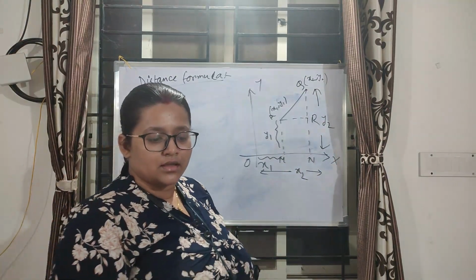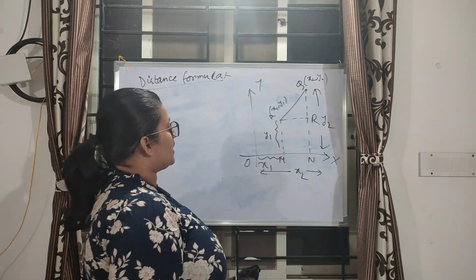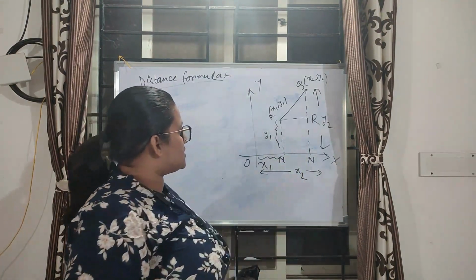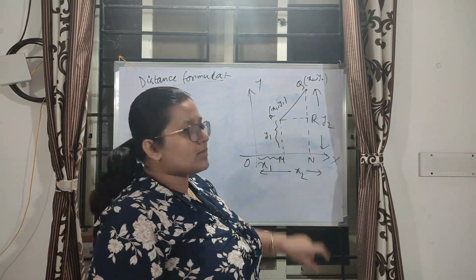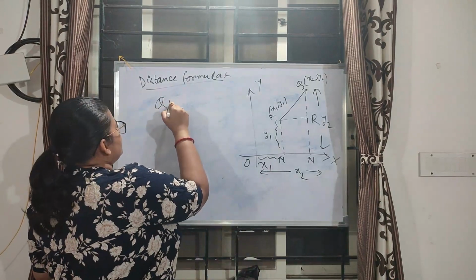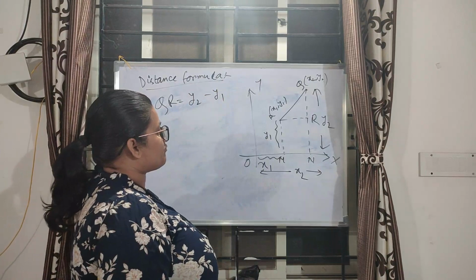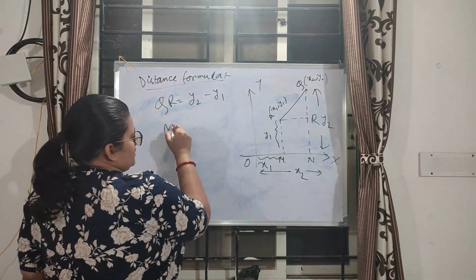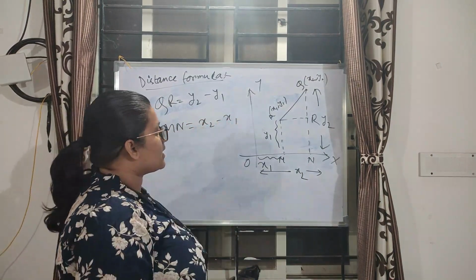If we want to find the distance between P and Q, how can we find it? You can find this distance, QR. QR is y2 minus y1. So I am writing here, QR is equal to y2 minus y1, and MN is equal to x2 minus x1.